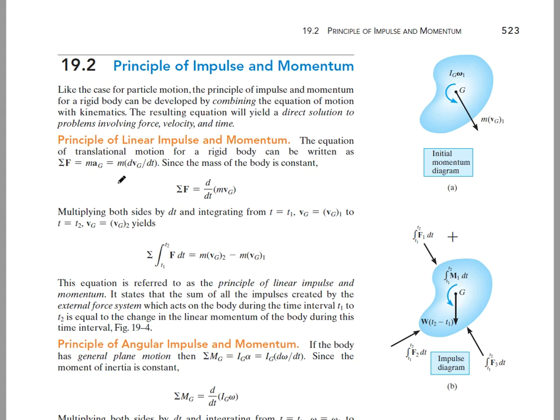If we take the sum of forces acting upon the body and evaluate these integrals between two instants of time, t1 and t2, then this is going to be the difference between the final linear momentum at moment t2 minus the linear momentum of the body at t1.